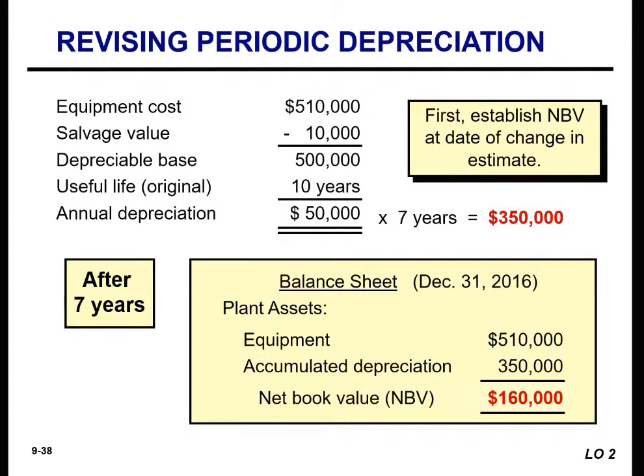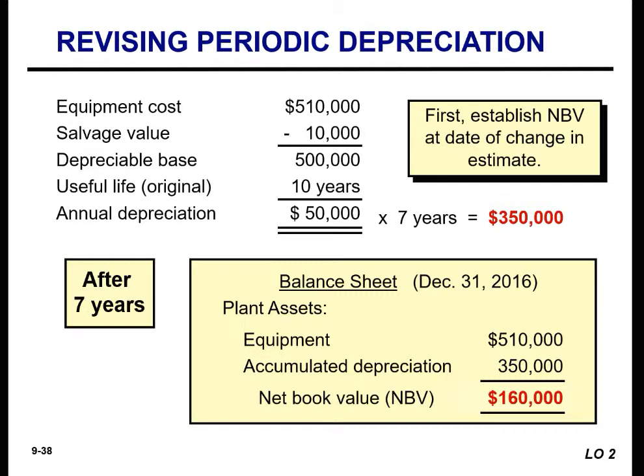We started with equipment cost of $510,000 and a salvage value of $10,000 for a depreciable base of $500,000 and an original life of 10 years. That gave us annual depreciation of $50,000 for the 7 years that we have already depreciated.